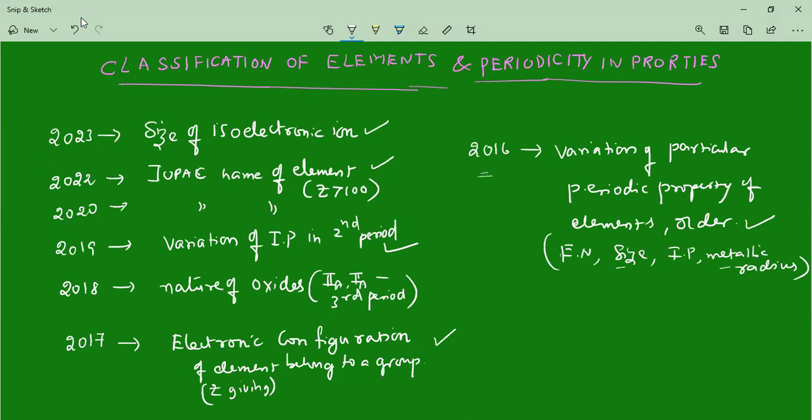So up to 2016, if you see, they have discussed different concepts from the periodicity of properties of elements. I hope, dear students, you will catch up with these concepts and revise all of them for 2024 from classification of elements and periodicity in properties.